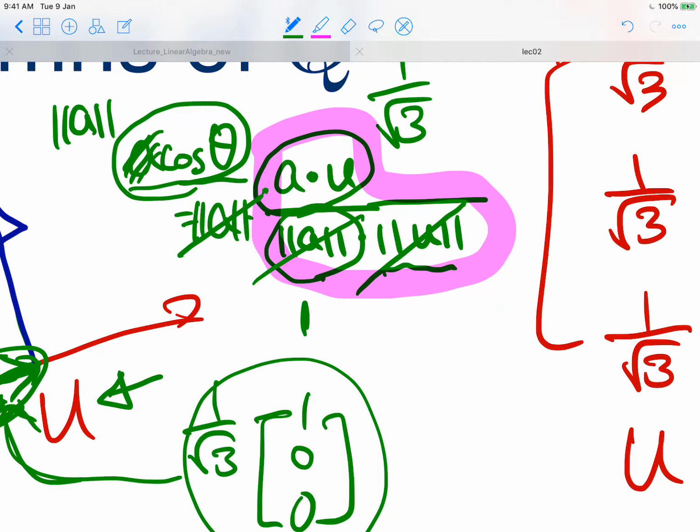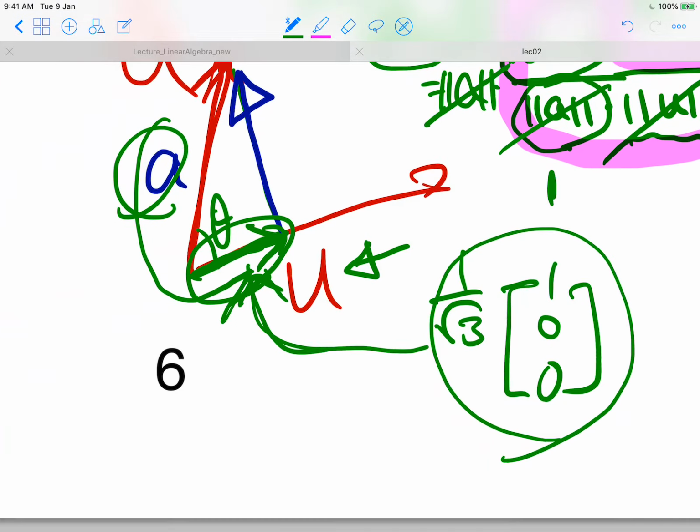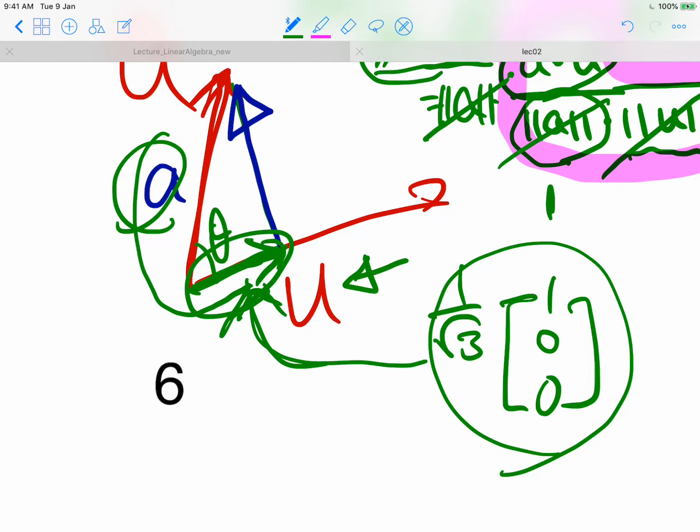Overall, the inner product between A and U itself will specify the length of this green line segment.